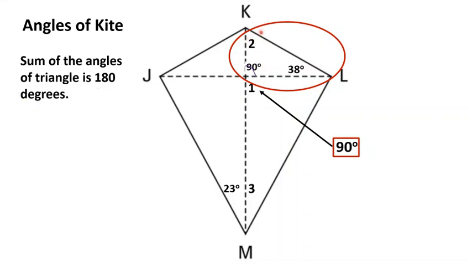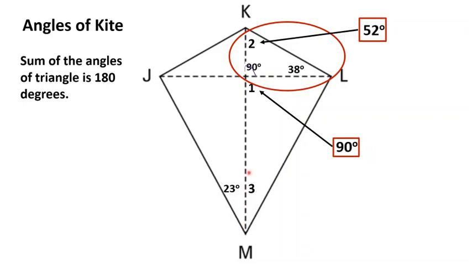Angle 2 here now is equal to 52 degrees. How did we get 52 degrees? 90 plus 38 is 128 degrees. And then subtract it from 180. 180 minus 128 is equal to 52 degrees.